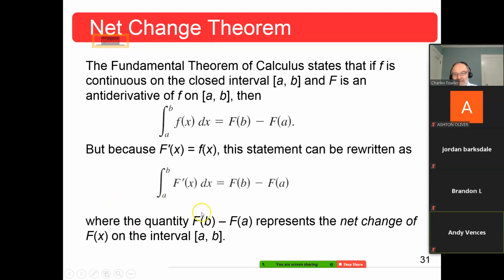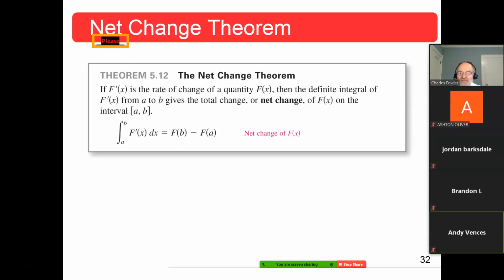So that quantity there, F of b minus F of a, represents the net change in F over that interval. Wow. Net change in F over that interval. The interval could have been doing all sorts of wiggly stuff, but if the endpoints happen to be fairly close, there wasn't a whole lot of net change. Okay, so here's the net change theorem.